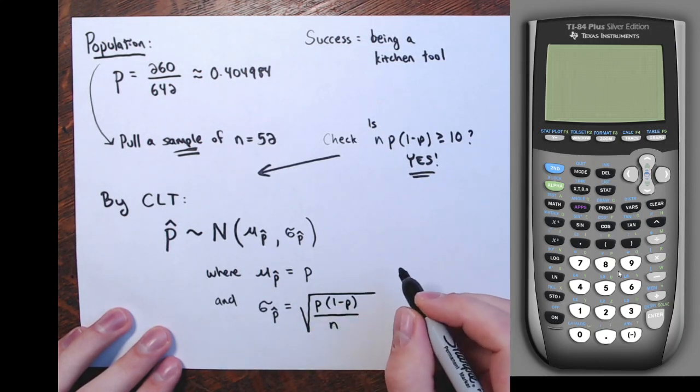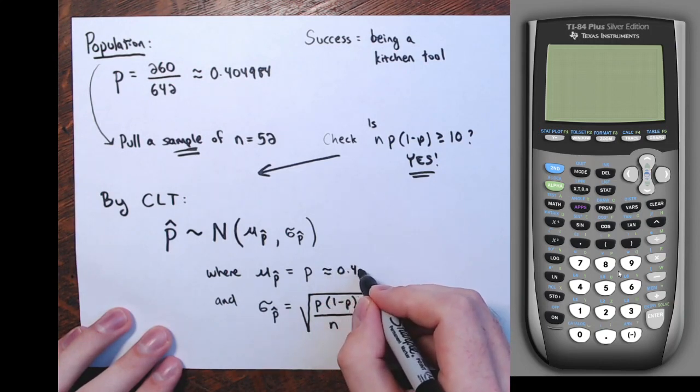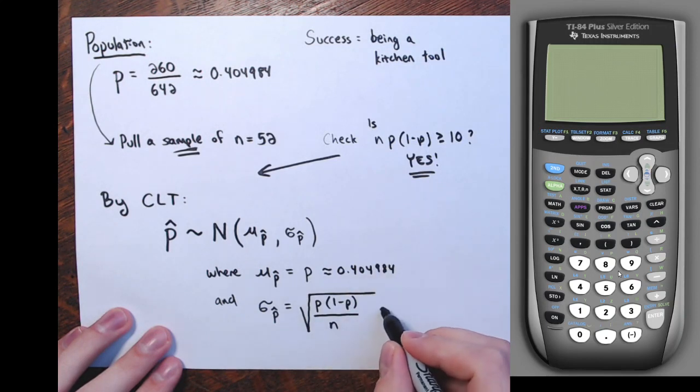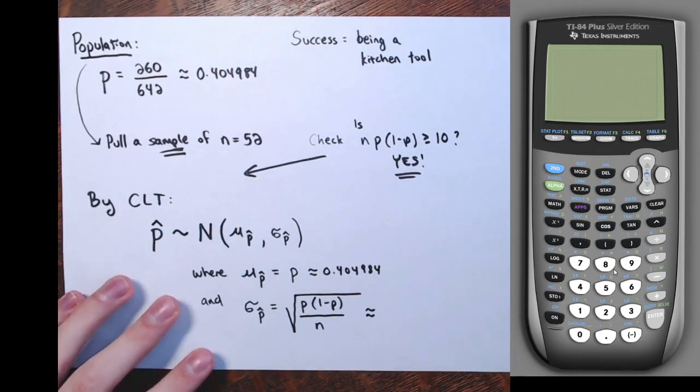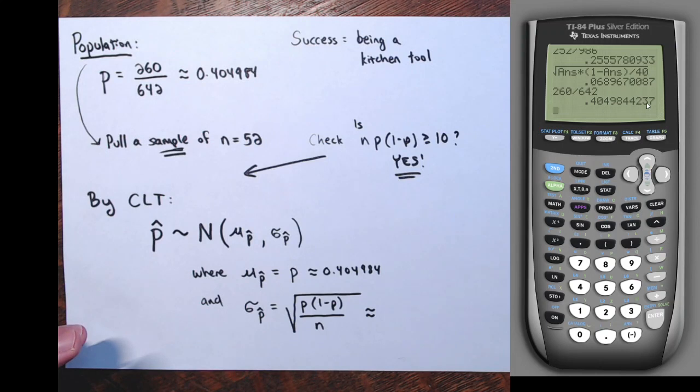Okay, so this one we already know is about 0.404984, and I will enter this into my calculator. I just did 260 divided by 642, so the previous answer on the calculator is already p.